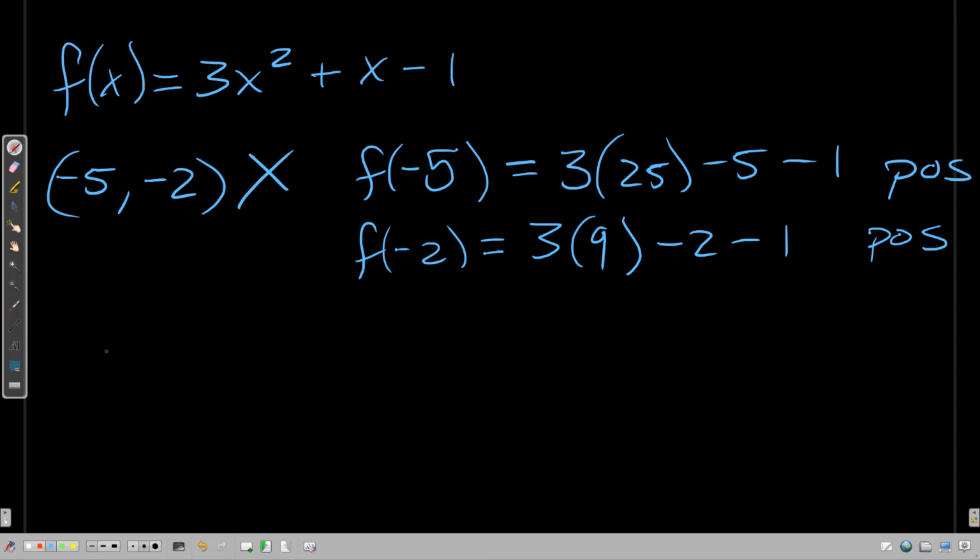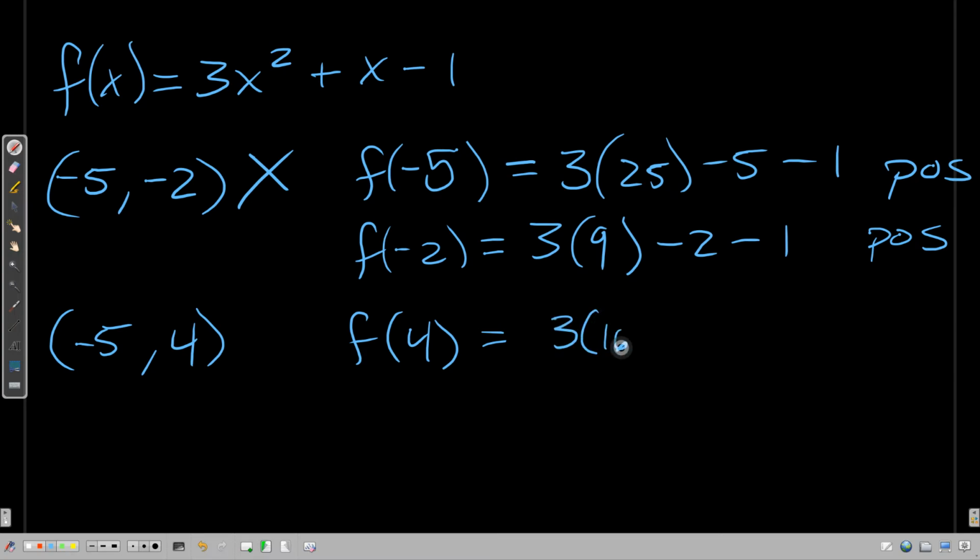So there's no 0 guaranteed to us on that interval. What about from -5 to +4? Well, I already have the -5, so I just need to check f of 4. F of 4 comes out as 3 times 16 plus 4 minus 1. And we are once again positive. So no guarantee on that interval.